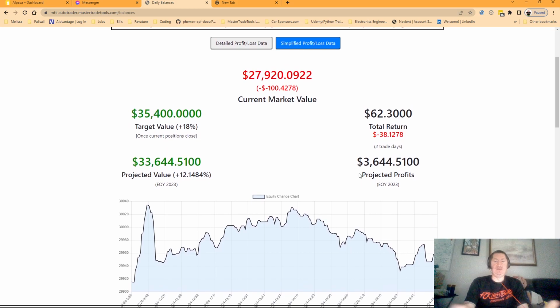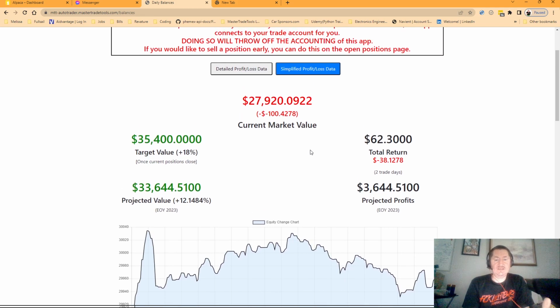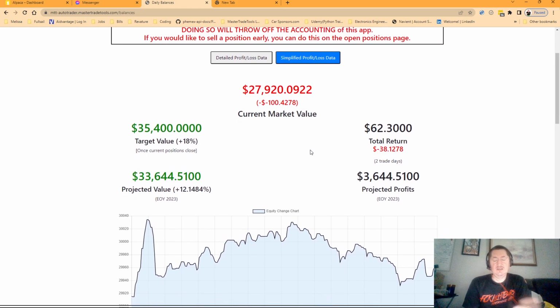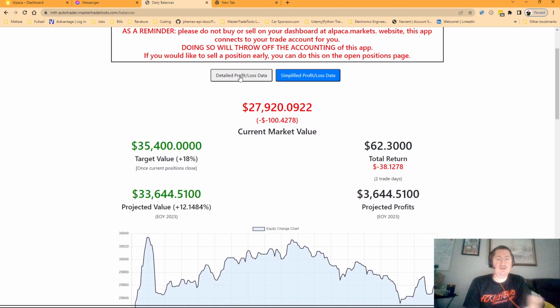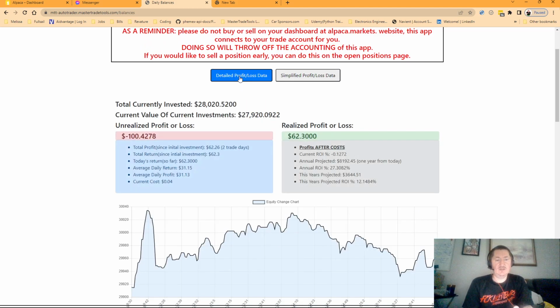This is supposed to be the more simplified view, but if you are familiar with finances or financial data, you can click on the detailed profit and loss data, and this will give you a lot more information. For instance, it shows what is currently invested, which is $28,000.20. It tells us what the current value of our investments is, which is $27,920.